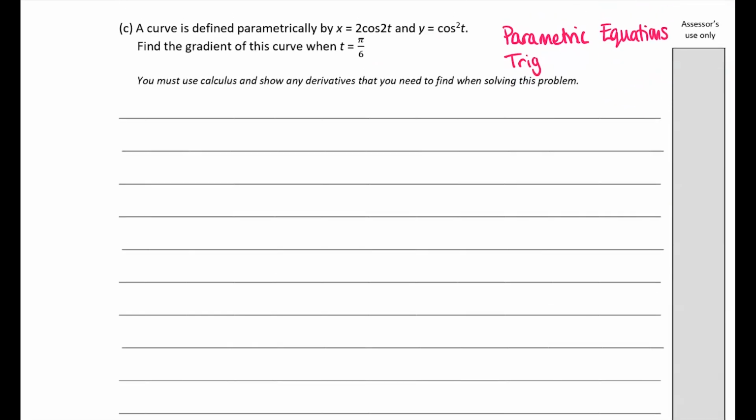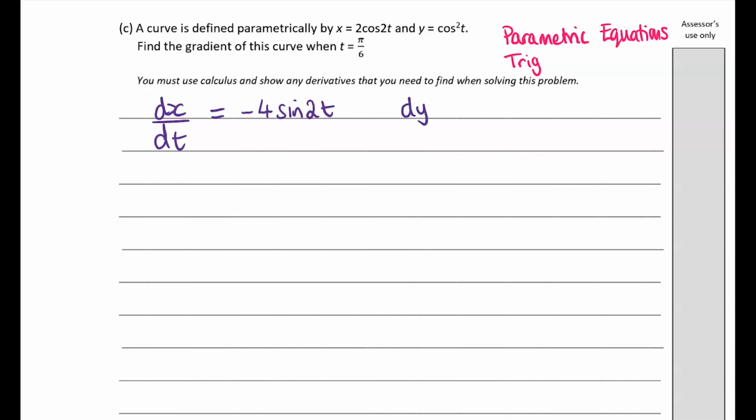Okay, parametric equations for part C. So a curve is defined parametrically. Find the gradient at a particular point. So we're going to differentiate x with respect to t, which would be minus 4 sine 2t, because cos goes to minus sine, and then we would multiply it by the derivative of that inside 2t there, so you end up timesing it by 2.